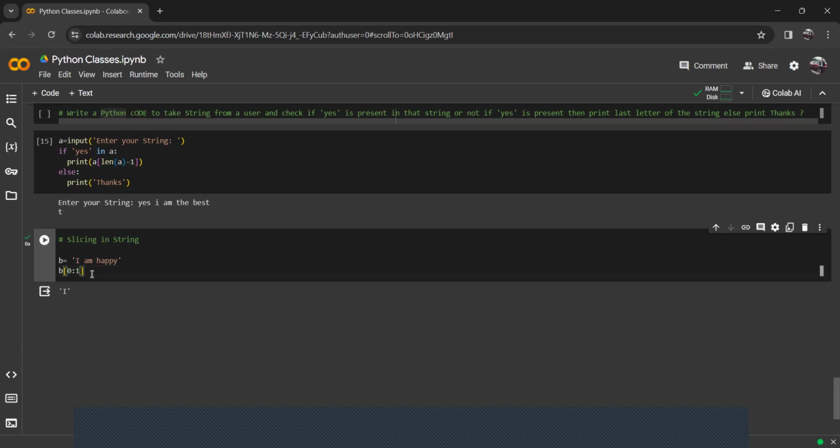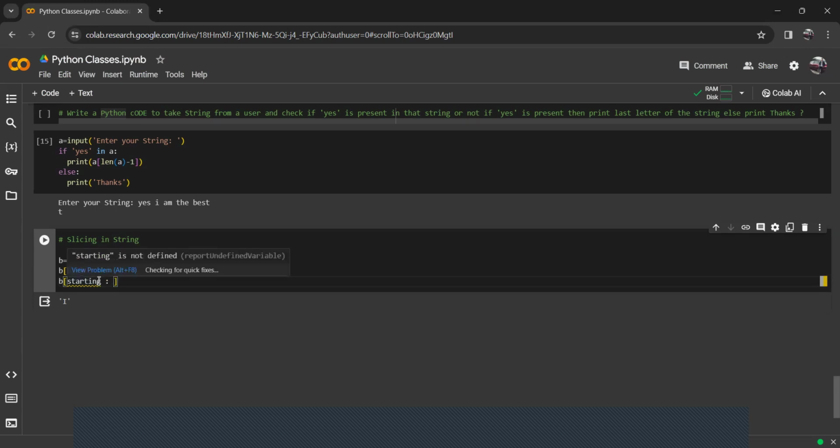First I will explain what the 0 and 1 hold. 0 holds the starting position, and the second number is the ending, but the ending is always minus 1.